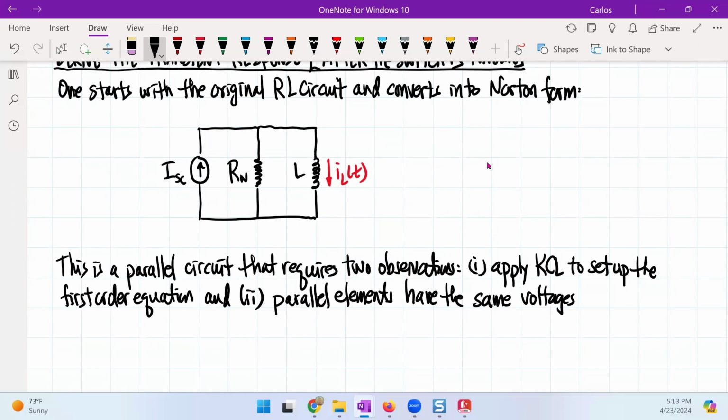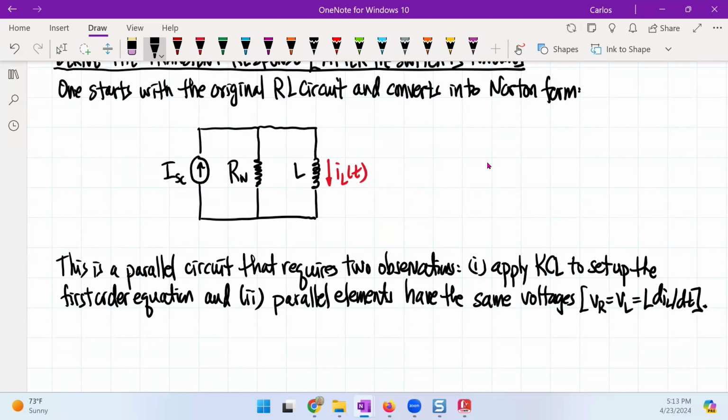And if they have the same voltages, then VR and VL have to be the same, but we know how to write VL.